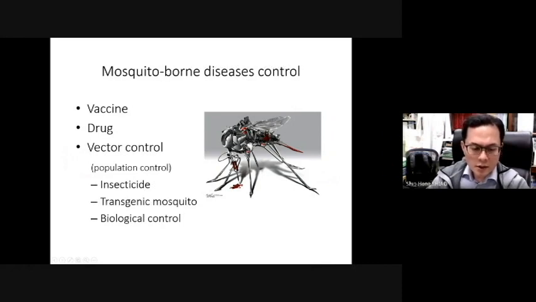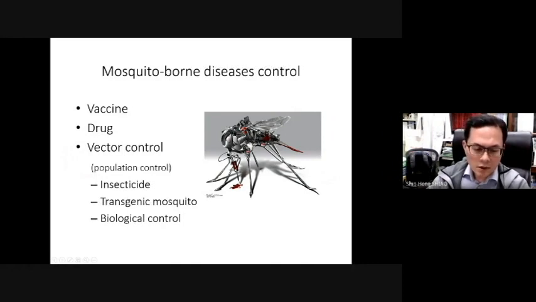The second approach is to develop anti-dengue or anti-Zika drugs, and some medications are under investigation, but still not available on the market. So currently the control of mosquito-borne disease mainly relies on vector control.